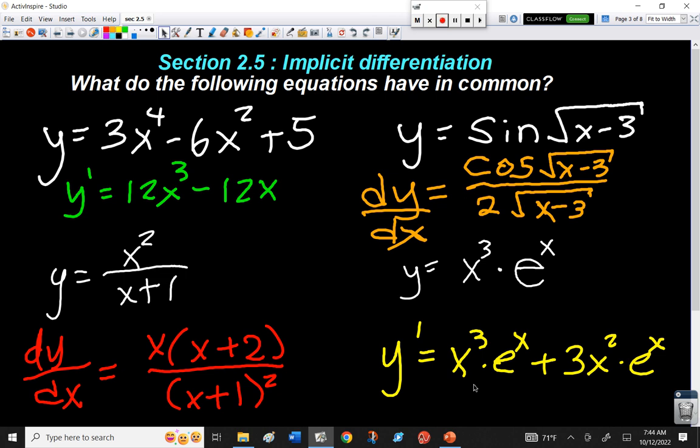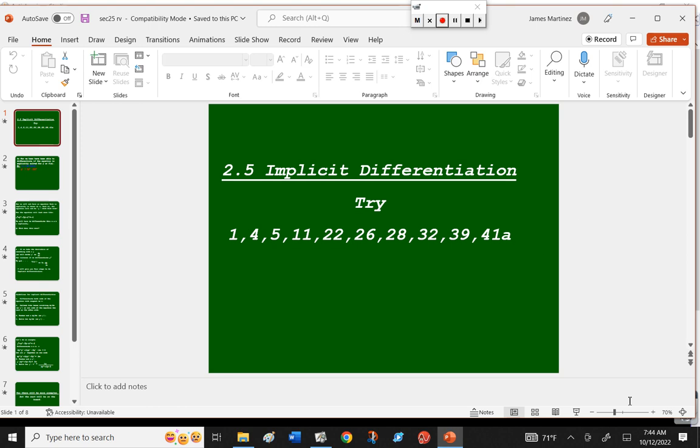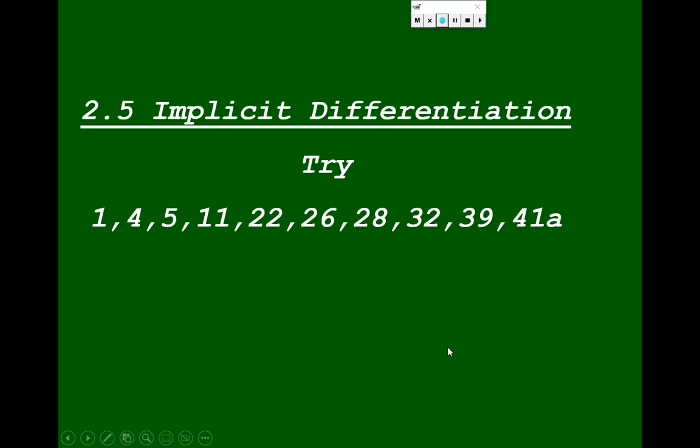The question is, what if the equations are not solved for y, and y is not easy to get by itself? Well, that's what leads us to today's notes. Section 2.5, Implicit Differentiation.